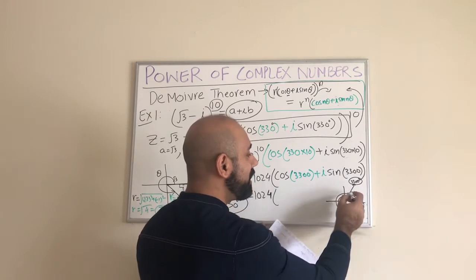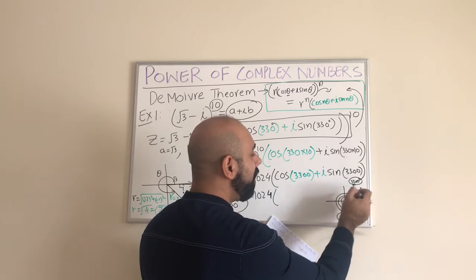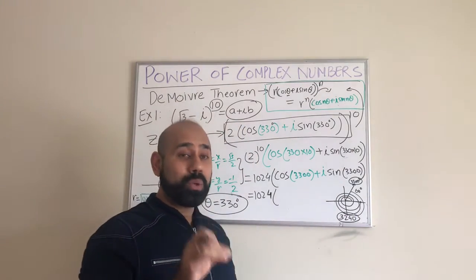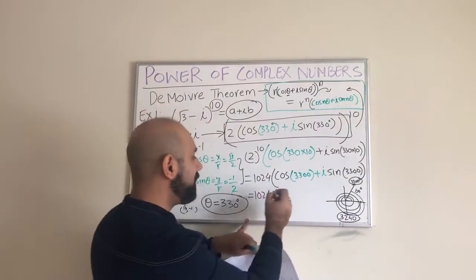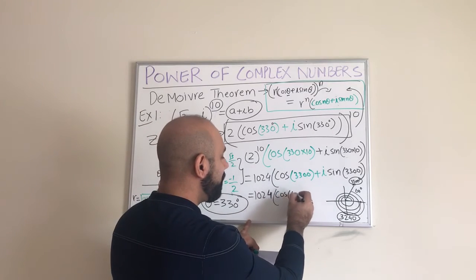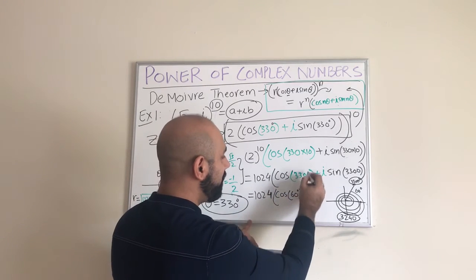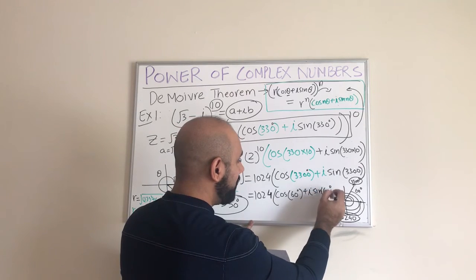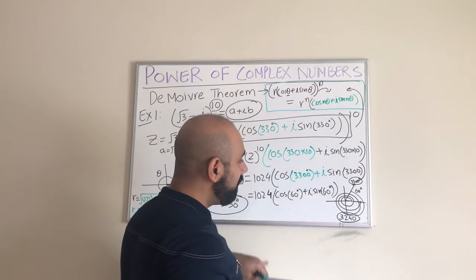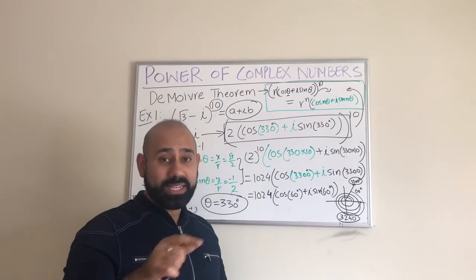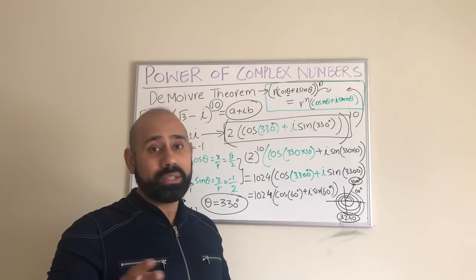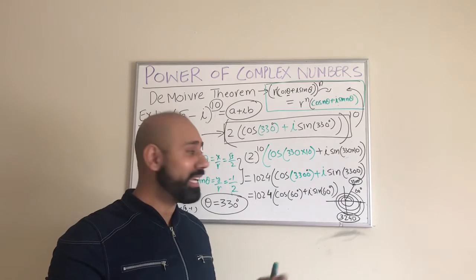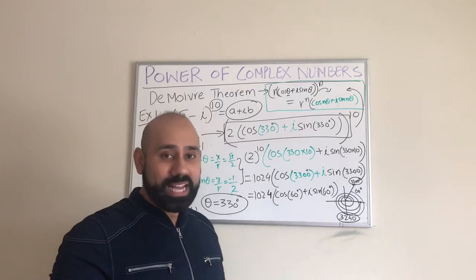Okay, so if it is coterminal with 60 degrees in the first quadrant, all I have to do is look in my unit circle for the values for cosine 60 and sine 60. So first of all, I like to write this as cosine 60 instead of 3300, and then plus i sine of 60 as well, because these are coterminal angles. Guys, if you have another way of getting the 60 degree coterminal angle, you can do that. Sometimes people like to keep subtracting 360 so that finally they get to that coterminal angle.